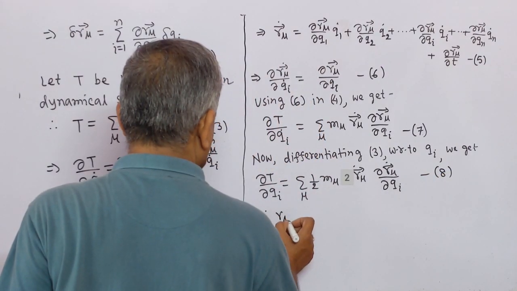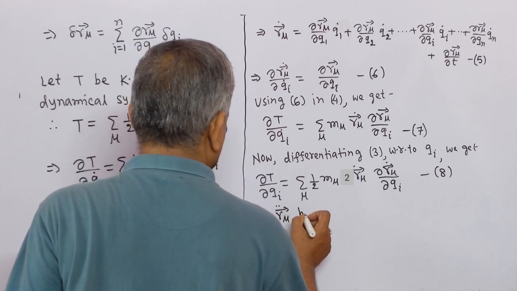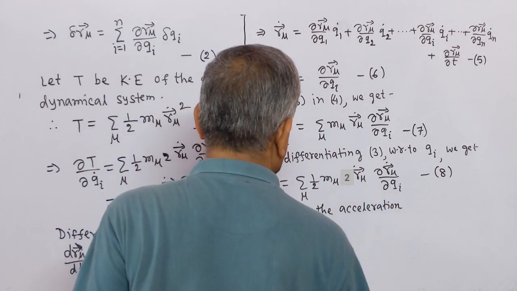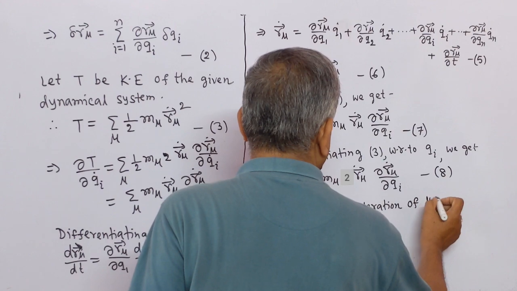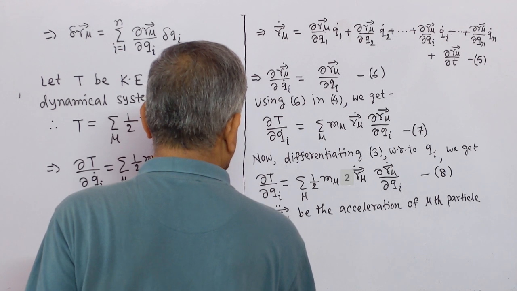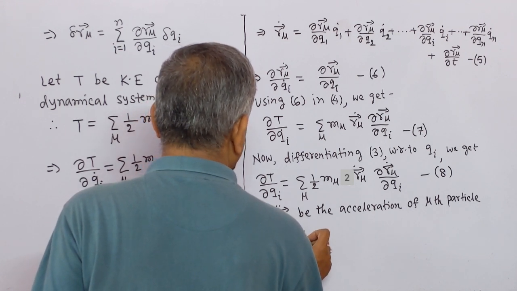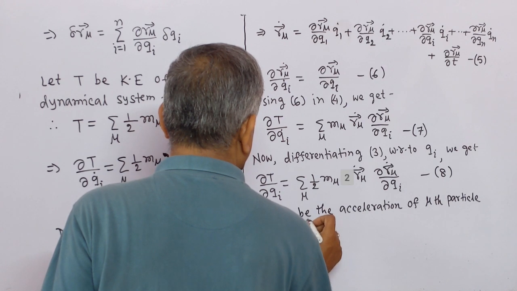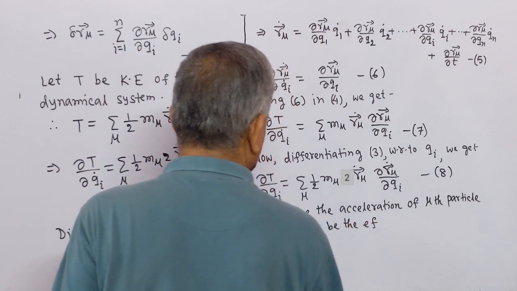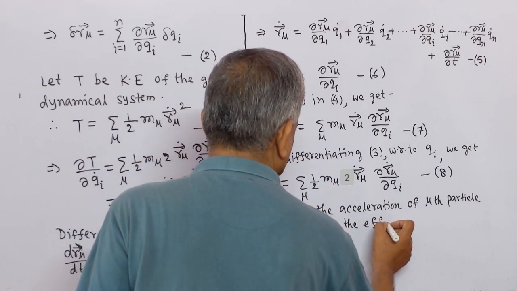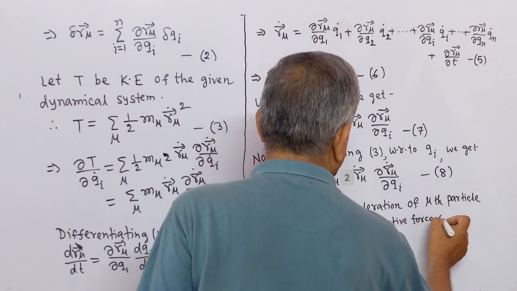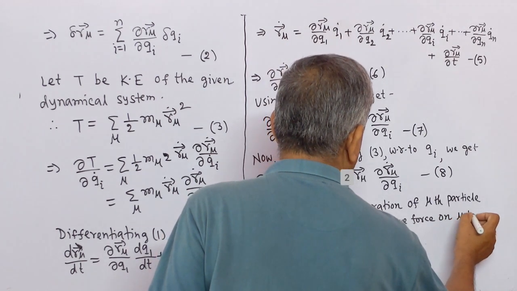Since r mu double dot be the acceleration of muth particle and a mu r mu double dot be the effective force, mass into acceleration, on muth particle.